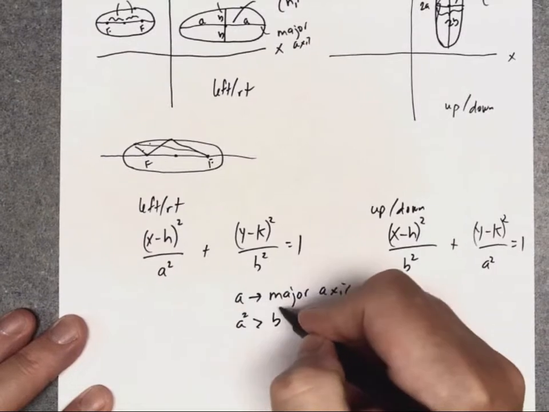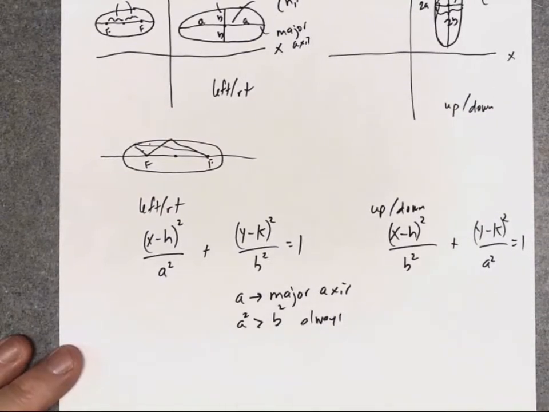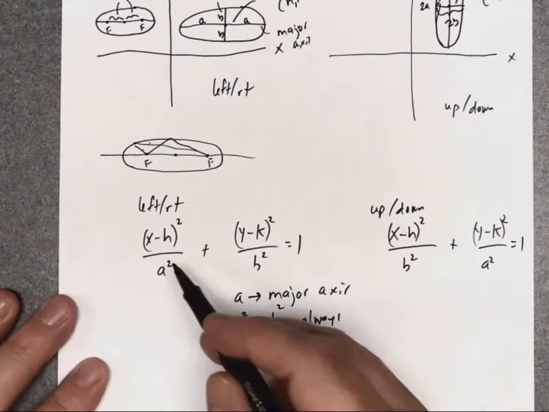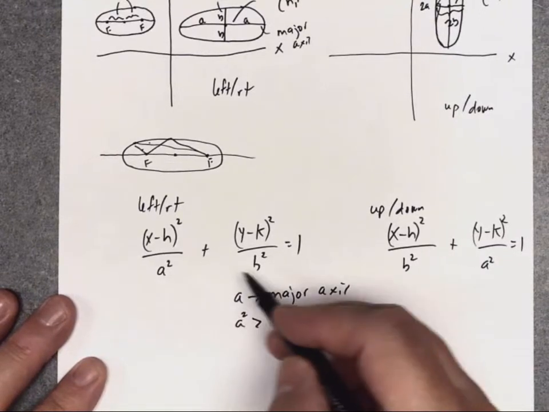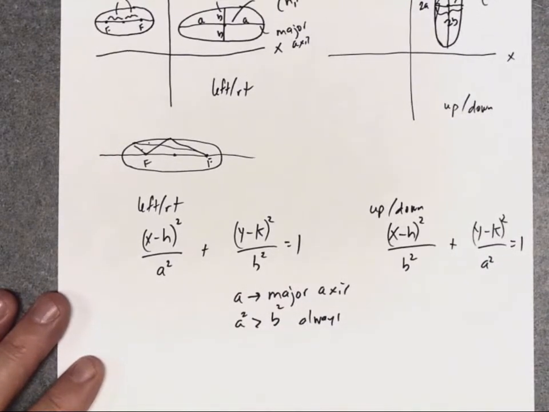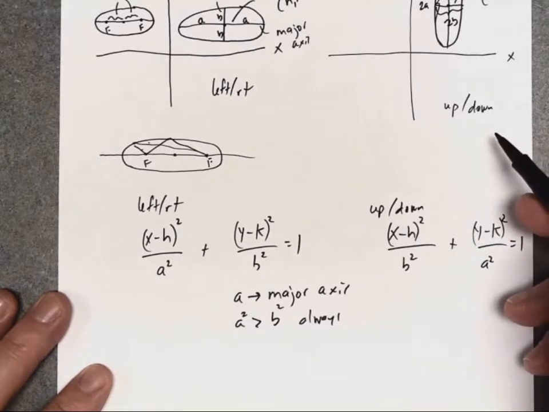When you look at your equation, to figure out which is your major or minor axis, a squared is always bigger than b squared. So what that means is, we'll do some examples in a minute. When you have the equation in the standard form, you simply figure out which denominator is larger. And whichever denominator is larger will determine if you have a left-right or an up-down ellipse.